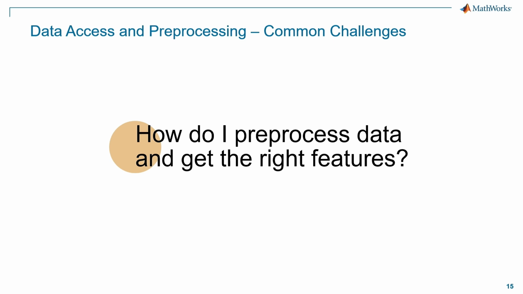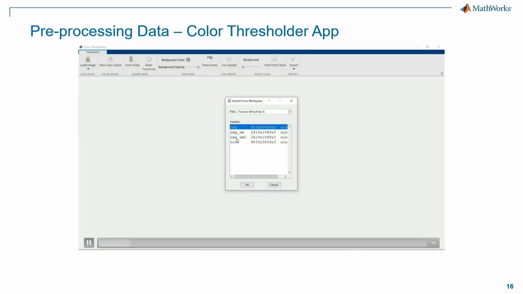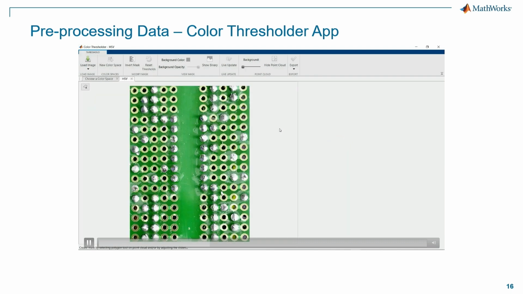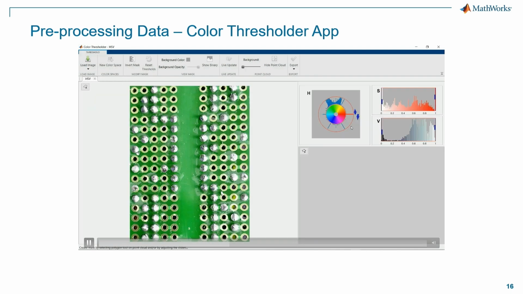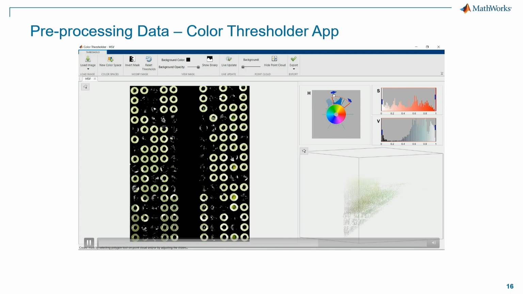So how do I pre-process the data and get the right features? One example is that we show you how to segment the image and create a binary mask using an app we call the Color Thresholder app. What this is useful for is that on the front side, basically it's the soldering pads, and on the back is the PCB board, right?